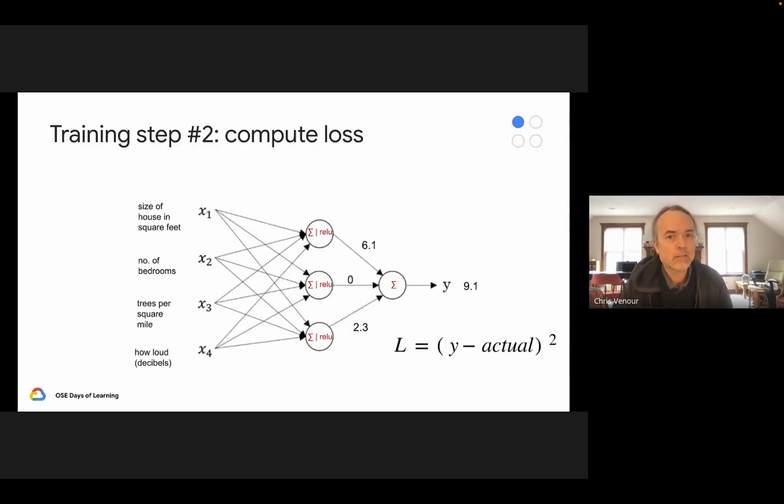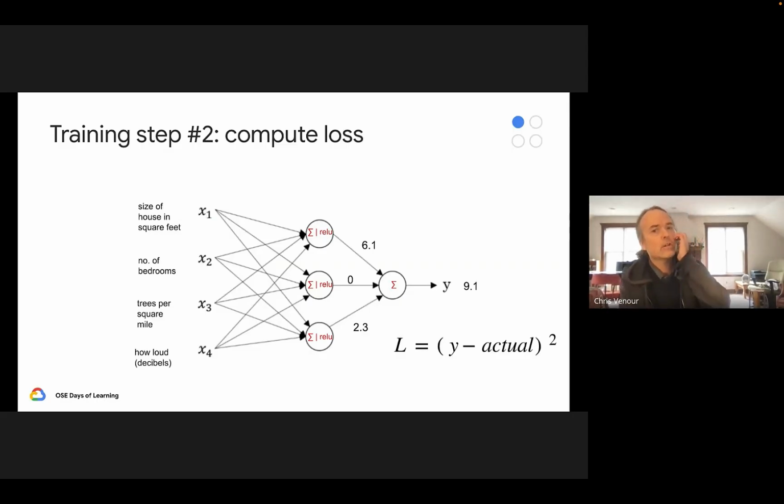Now let's take a look at step 2 of the training process, where the network computes a loss. The neural network uses a loss function L to get a sense of how good or bad its predictions are. In this case, the loss function we're using is the equation you see on the slide. It's called the mean squared error loss.